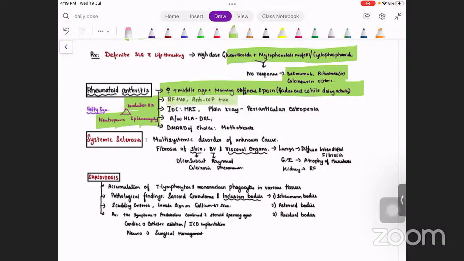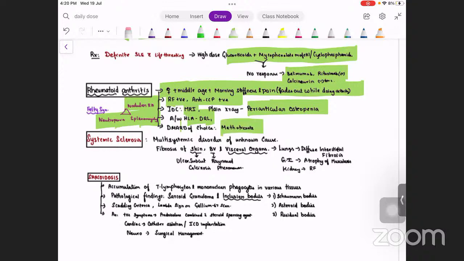Rheumatoid factor positive and anti-CCP positive are the positive factors for rheumatoid arthritis. Investigation of choice is MRI. Plain X-ray shows periarticular osteopenia. Associated with HLA-DR1, and DMARD of choice is methotrexate.